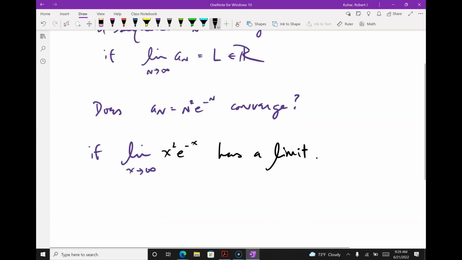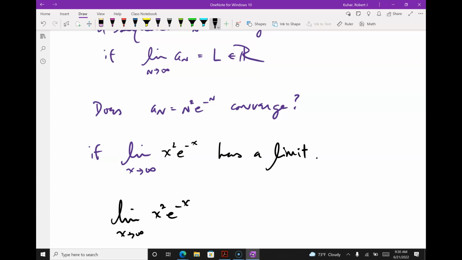How do I do this limit? L'Hopital's, nice. So you're going to see all of that little L'Hopital stuff come into play. As x goes to infinity, what happens to x squared? Goes to infinity. What happens to e to the minus x? Goes to 0.